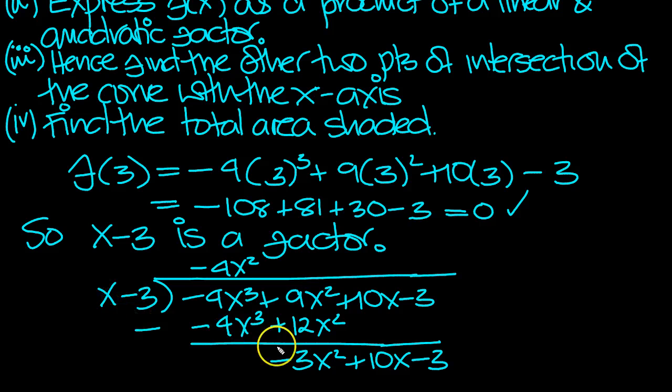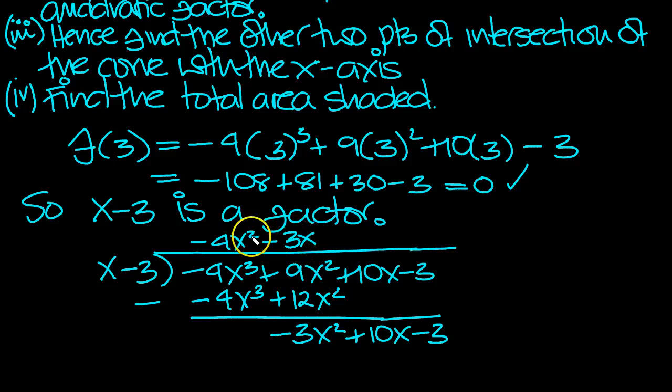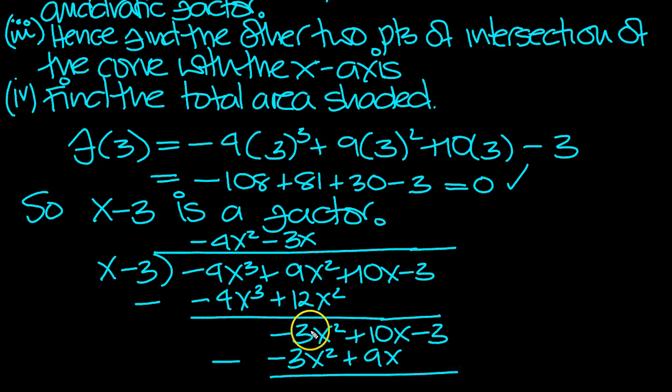Now we ask how many times does x go into this? Well, the lead term, dominant term, it goes in minus 3x's, doesn't it? Multiply through once again, so we repeat the same process. Minus 3 times x is minus 3x squared, and minus 3x times minus 3 is plus 9x, isn't it? Take them away again. See what's left this time.